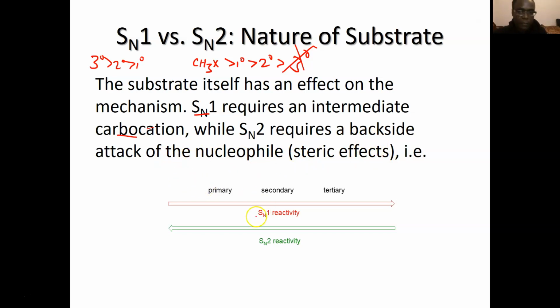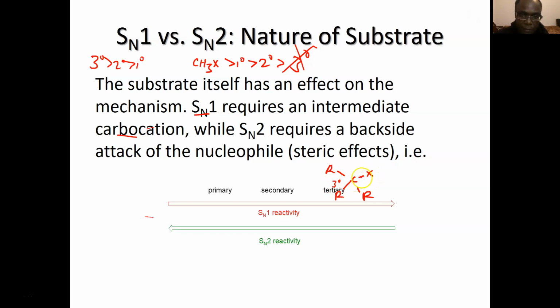So again, in summary, if you are to consider SN1, SN1 will prefer tertiary substrates. Remember, tertiary substrates will contain carbon-containing groups, 3 of them, bonded to a carbon bearing the leaving group. Okay, that's tertiary.